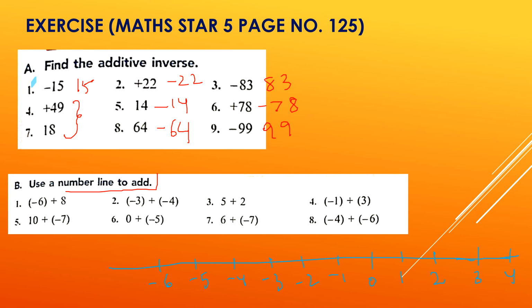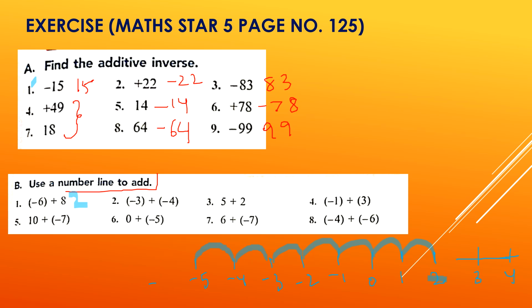You will be jumping from -6. If you see it's written plus 8. Plus 8 means you will be going to the forward direction, that is to the right. So let's go to the right, 8 units to the right. 1 unit, 2 unit, 3 unit, 4 unit, 5 unit, 6 unit, 7 unit, 8 units. So you see the answer is 2. This is how you have to do.